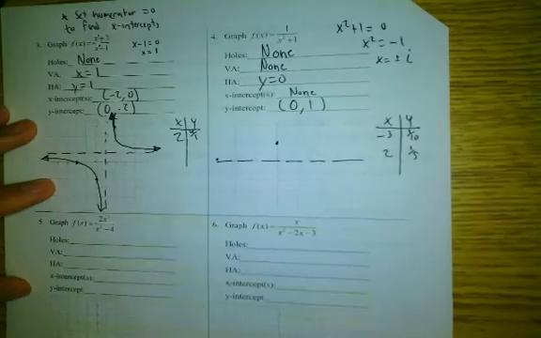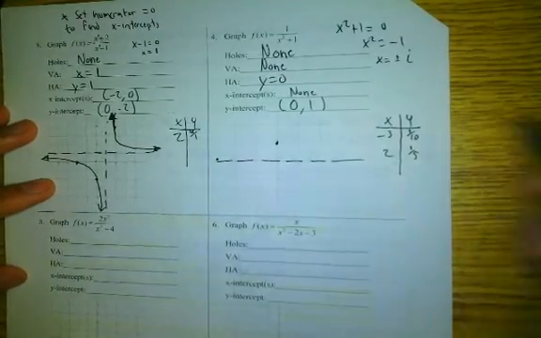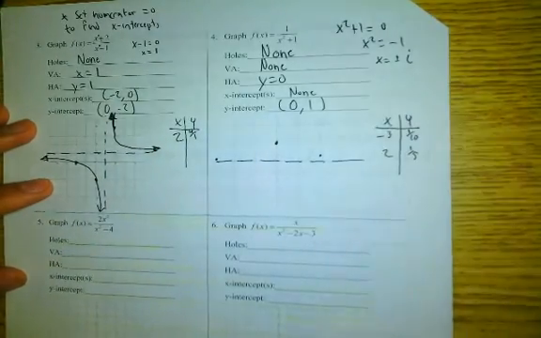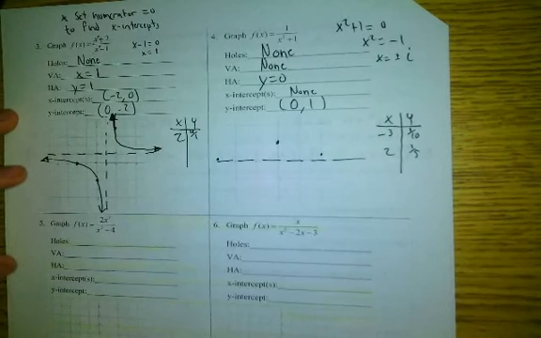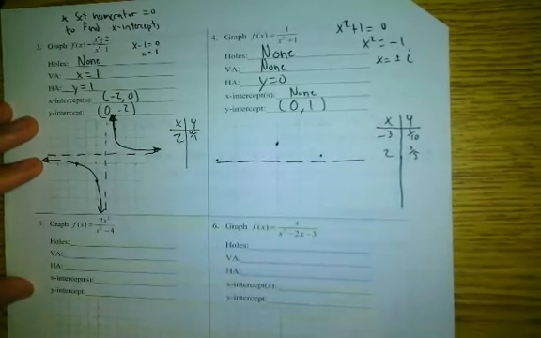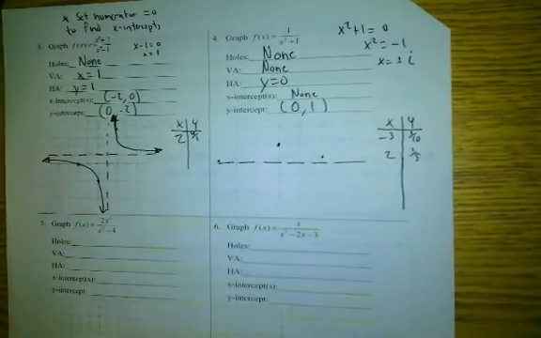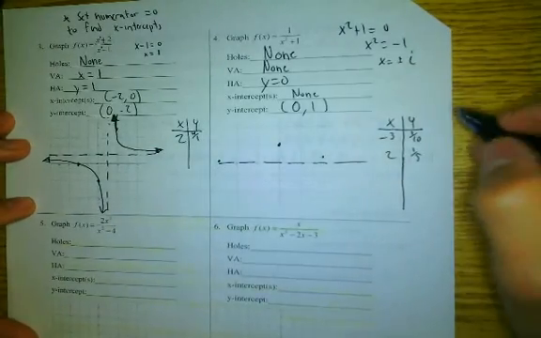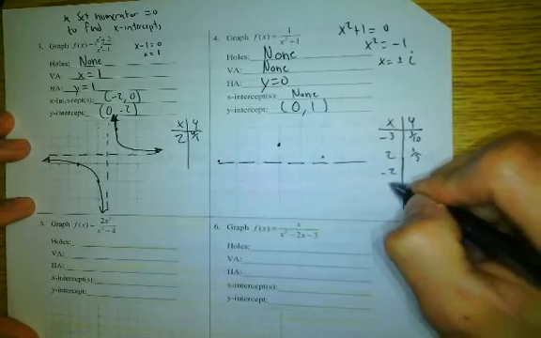Do you think we need more points, or does this give you sort of an idea? Okay, if you don't see anything, I have a feeling this is going to be symmetric. So I'm also going to pick 3 and negative 2, see what happens. But you should already know, because those values are going to get squared, right? So at negative 2, you also get 1/5, and at 3, you also get 1/10, correct?